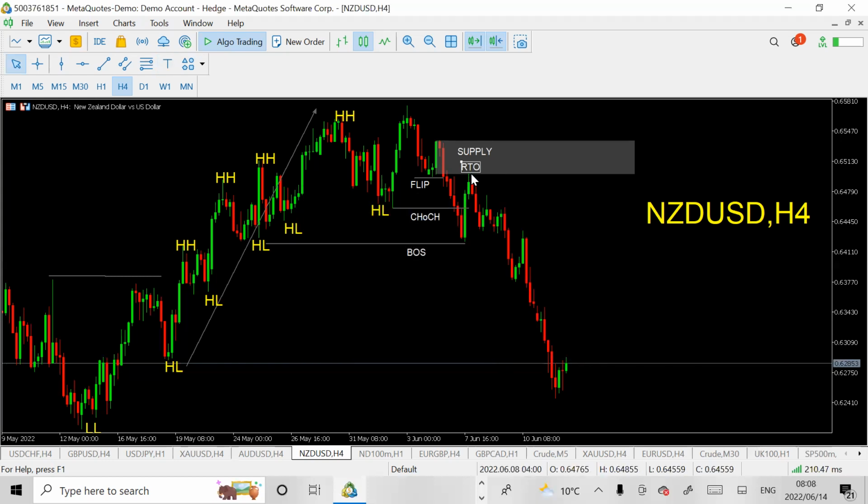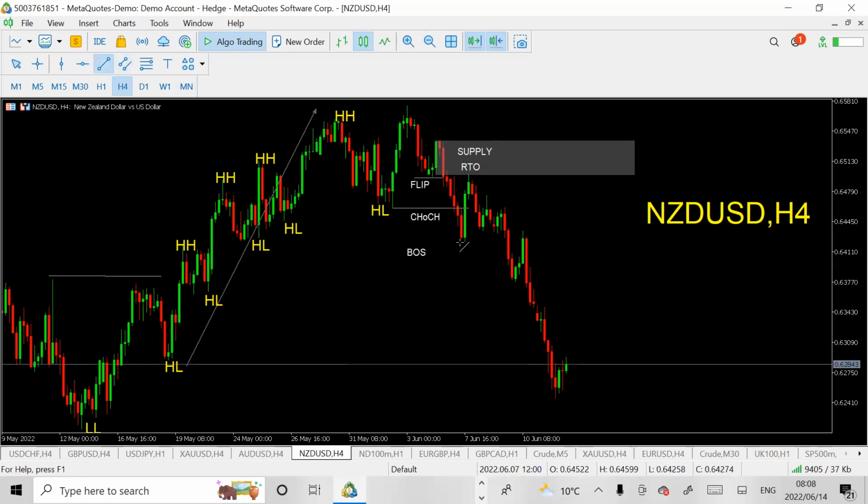So this order block is valid because there was a retest, there was a tap, which means that order block is valid in order to be able to deliver price to be sold.